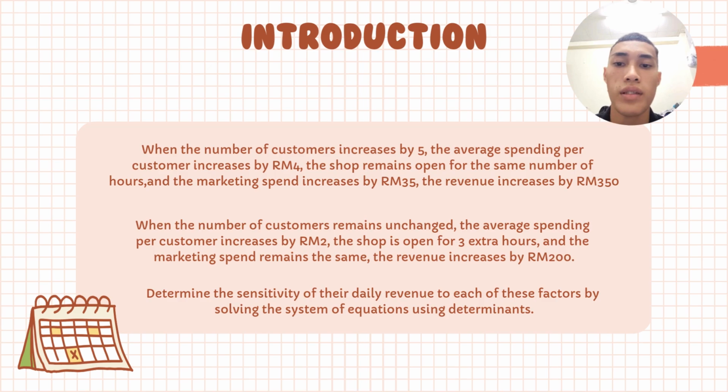And lastly, when the customers remained unchanged, the average spending per customer increased by 2 ringgit, the shop is open for 3 extra hours and the marketing spend remains the same, the revenue increased by 200 ringgit. Determine the sensitivity of their daily revenue to each of these factors by solving the system of equations using determinants.